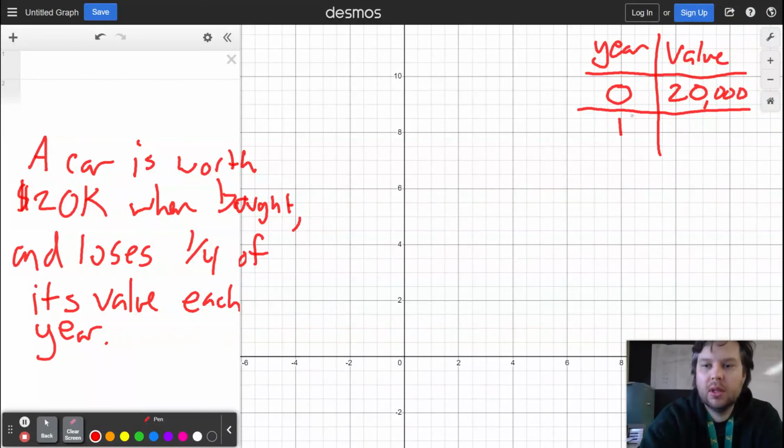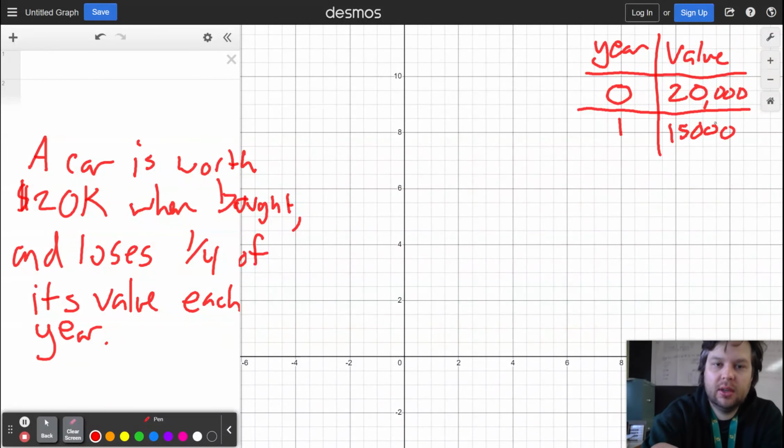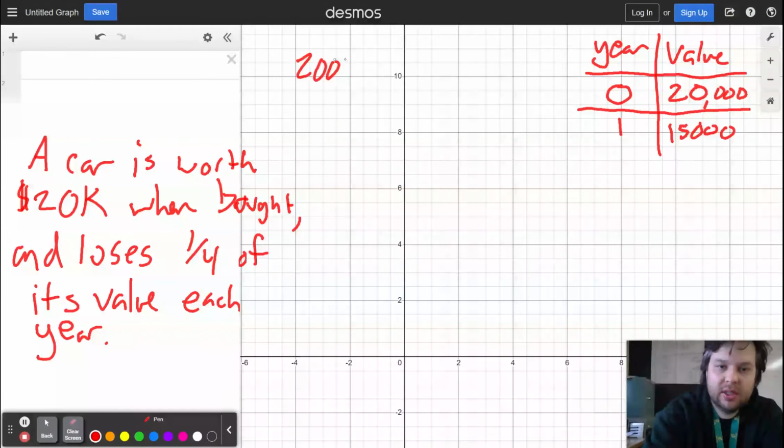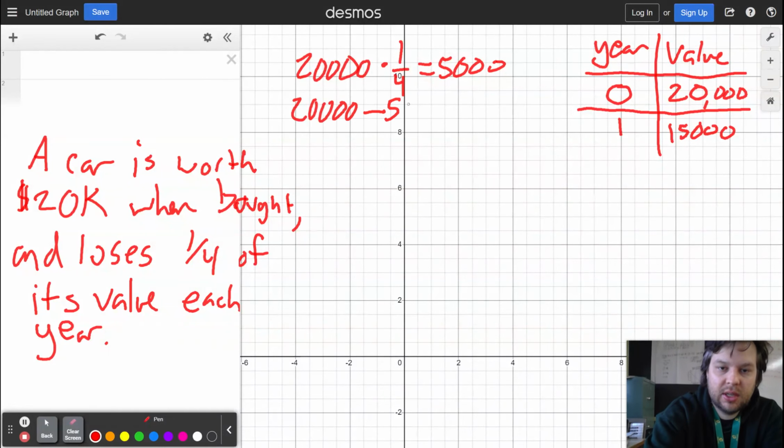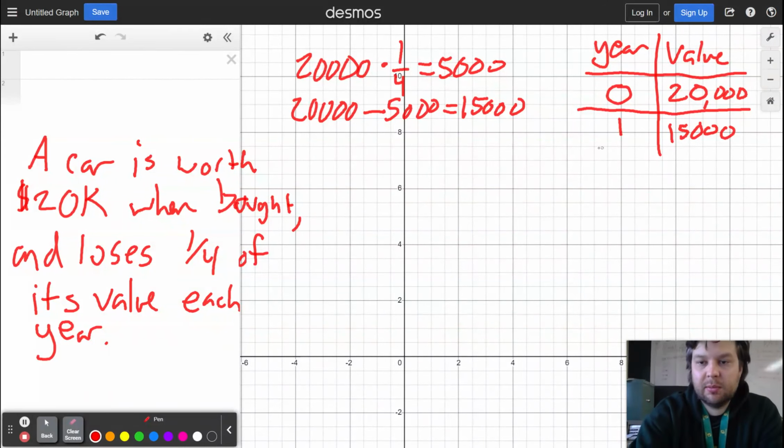I'll write out the process so you can see what we did. We did 20,000 times 1/4, that's 5,000. Then we did 20,000 minus 5,000, and that's 15,000. We can do that same exact process again.